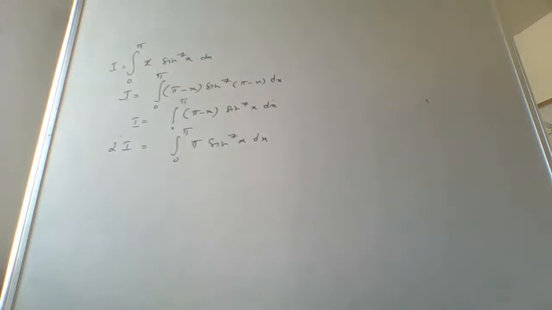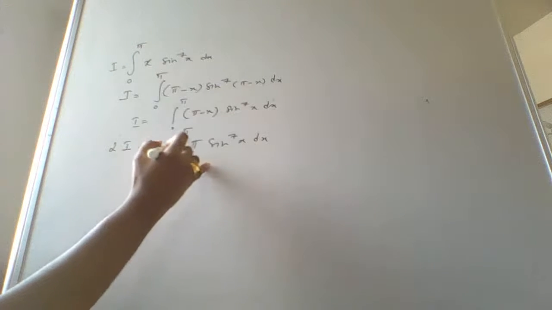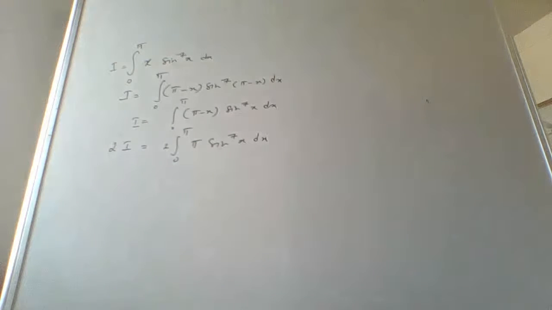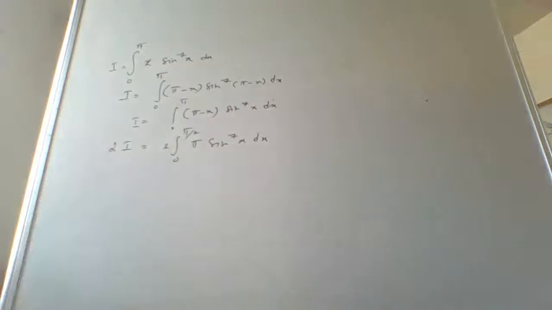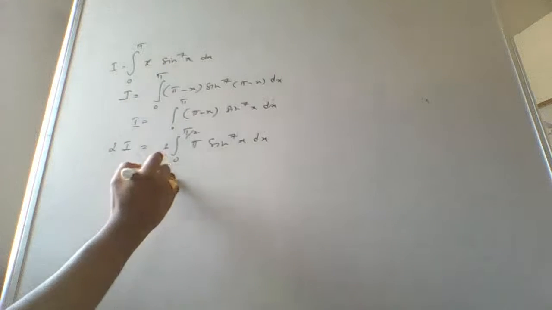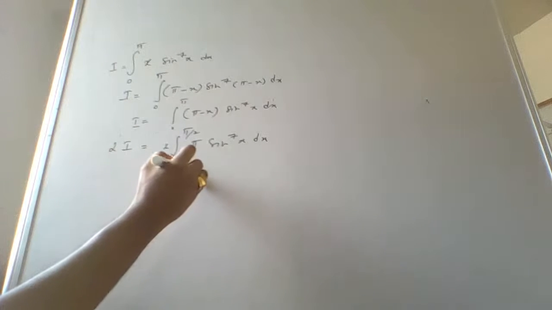Now this can be written as 2 times, this would be pi by 2, further. And we know this, so this is 2 pi.